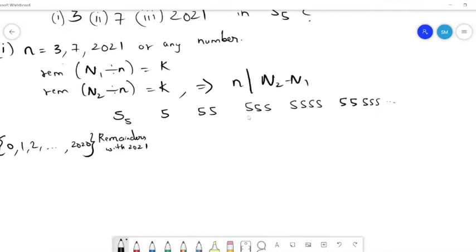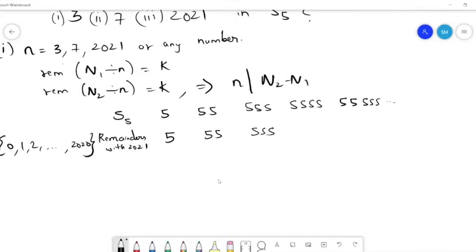Right? So first question is, will remainders repeat here? Can a remainder repeat here, or is it possible that all the remainders are different? In the second row, is it possible for a remainder to repeat anytime? So here for 5 it is 5, for 55 it is 55, for 555 it is 555, for 5555 we have to calculate; this is some number here.